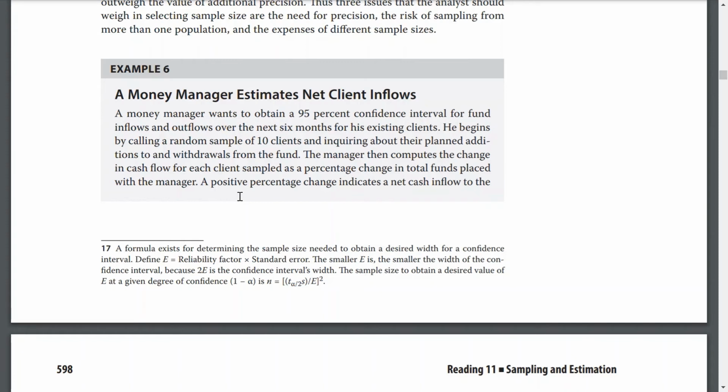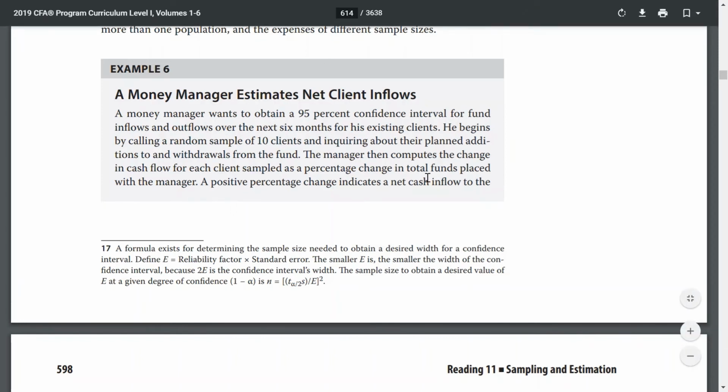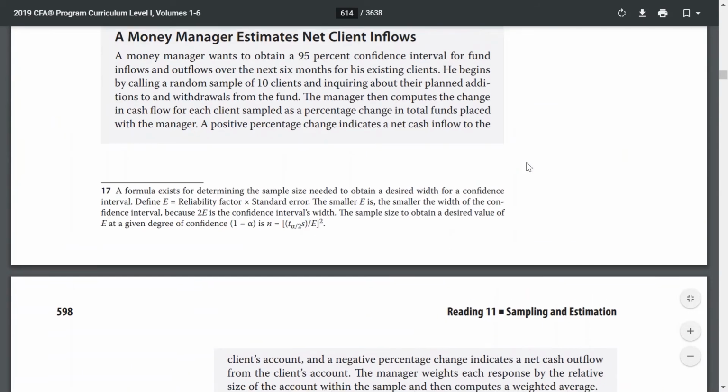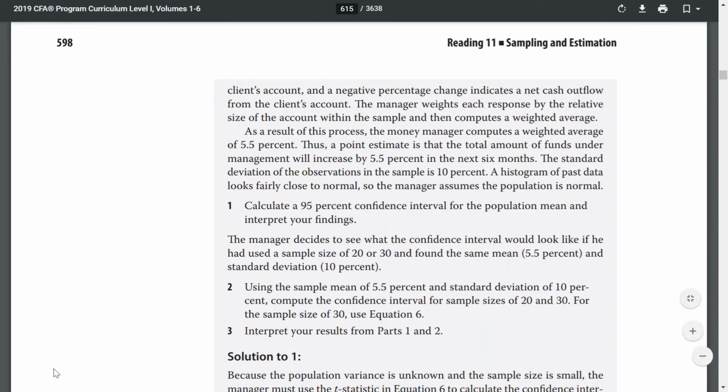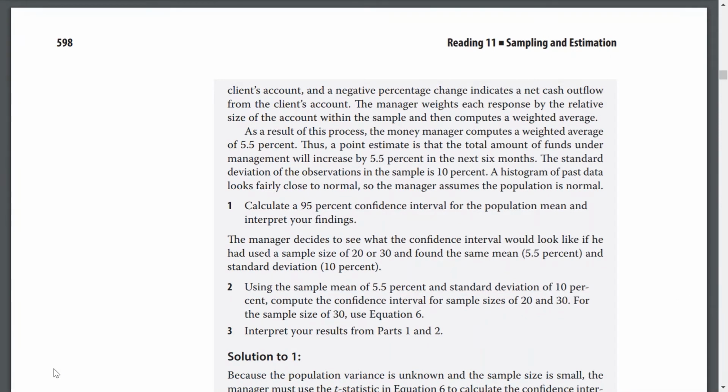The manager then computes the change in cash flow for each client sampled as a percentage change in total funds placed with the manager. A positive percentage change indicates a net cash inflow to the client's account. A negative percentage change indicates a net cash outflow from the client's account.